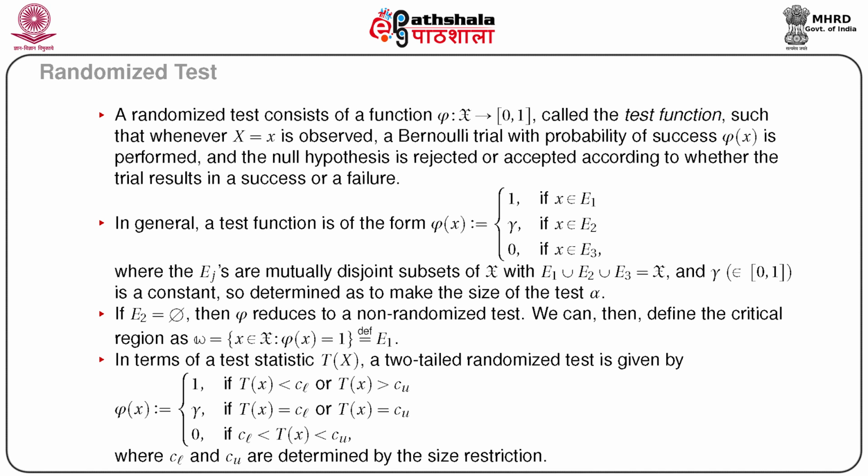It consists of determining a real valued function phi(x) such that phi is a mapping from the sample space script X to [0,1], or 0 less than or equal to phi(x) less than or equal to 1 for all x, such that whenever x is observed, the hypothesis is rejected or accepted according as success or failure occurs, by performing a Bernoulli trial with probability of success equal to phi(x).